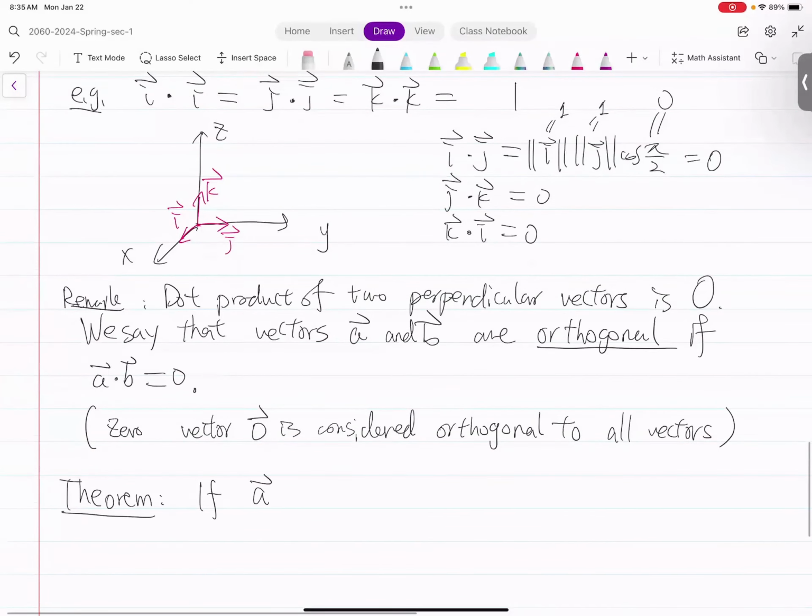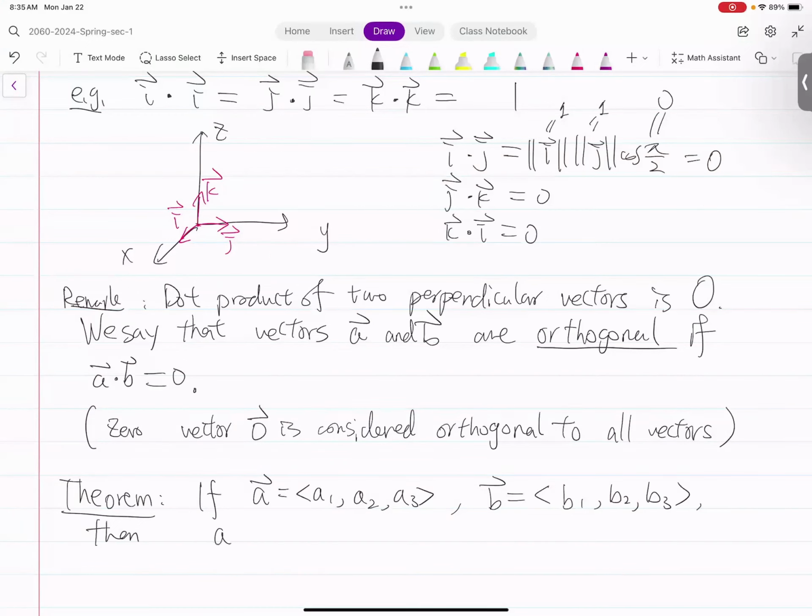Here, if A equals the vector with components A1, A2, A3, and B equals the vector with components B1, B2, B3, then we know that A dot B equals the components multiplied respectively, and then the products added up.